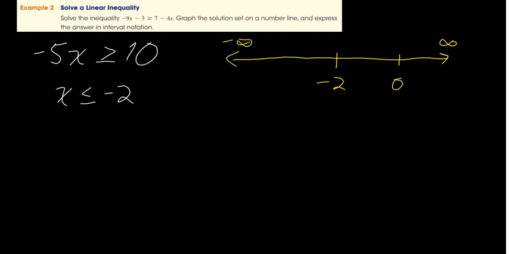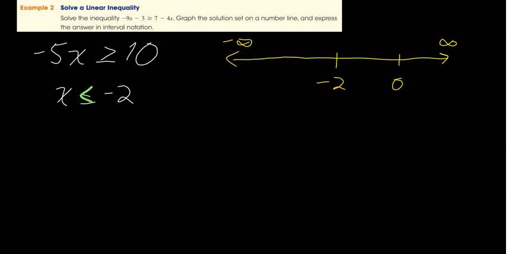If we were to graph this on a number line, we're saying x is less than or equal to -2. So let's go out here to -2, and we're going to put a closed circle at -2. It's closed because we have an or equal to symbol. If it were strictly just a less than, then we would make an open circle.